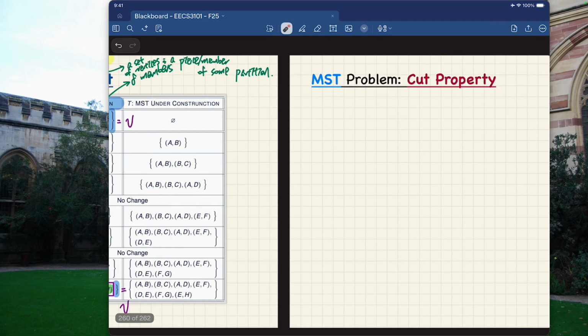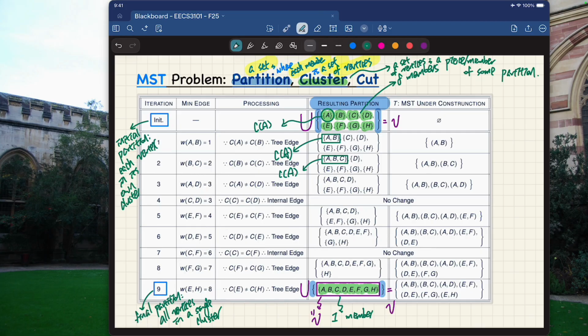Okay, so let me just go back there and then write it down. So for example, you can see that iteration 5, let's say just for B and D, you can see over here B and D. Their cluster is the same because they simply refer to this particular set right here.